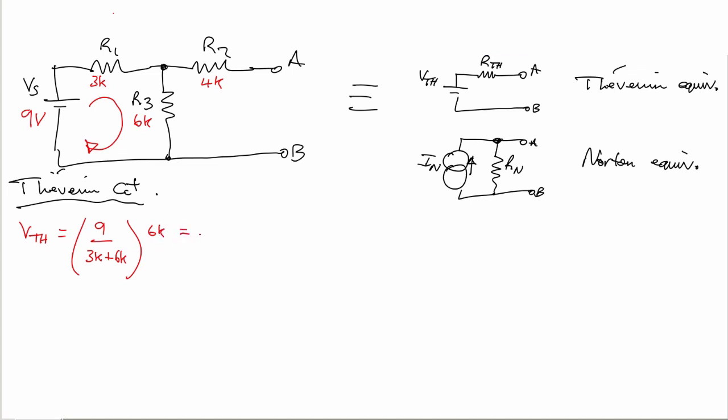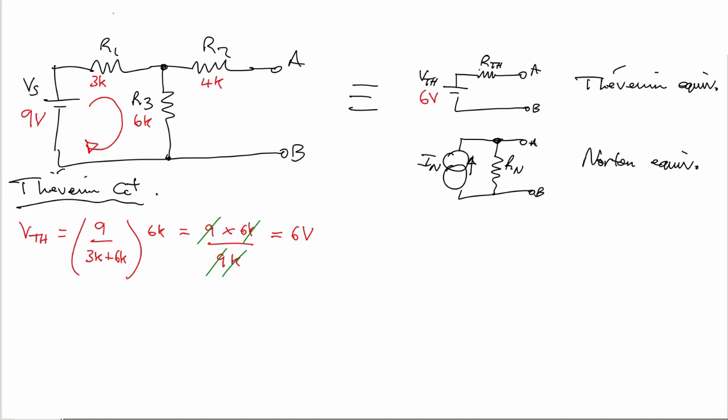So that's 9 times 6k over 9k. What's cancelling here? The 9 and the 9 cancel. The k and the k cancel. It's looking very much like 6 volts. And that's correct. So VTH is 6 volts, so a 6 volt battery.